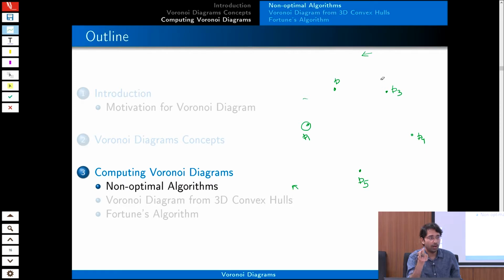If I draw a circle centered at that point and passing through 3 of the site points, this has to be empty. This is one direction. Is it an if and only if condition?